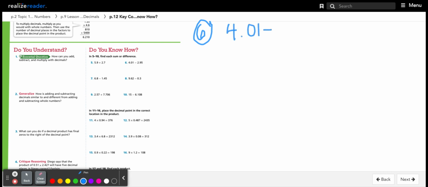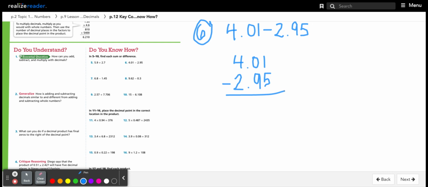Number 6 says 4.01 minus 2.95. So first step, rewrite this in your notebook, making sure you line up the decimals and line up the place values. Okay, so you should have it lined up, lining up the decimals, lining up the ones, tenths, and hundredths places. So now you can subtract. What is 4 and 1 hundredth minus 2 and 95 hundredths?